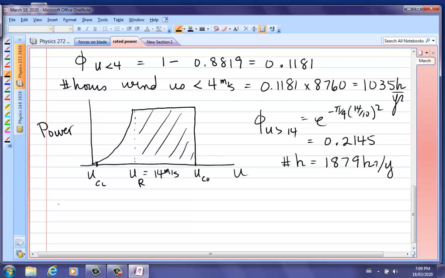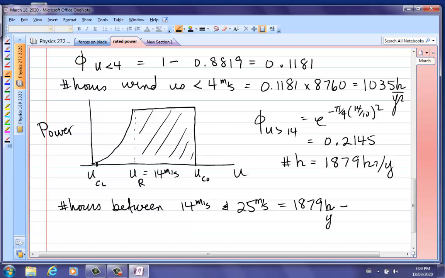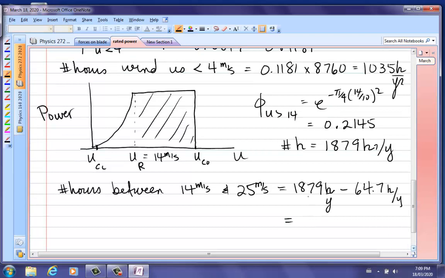So the number of hours between 14 and 25 would be the 1879 hours per year minus the 64.7, because that's when it's too windy. And so the number of hours that we have producing power for its rated wind speed is 1814 hours per year.